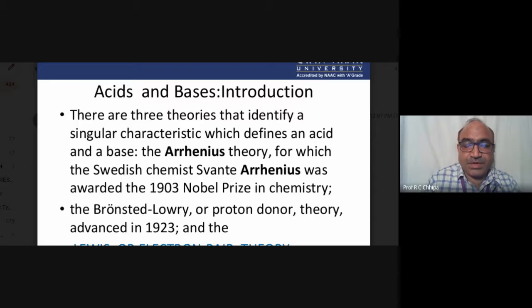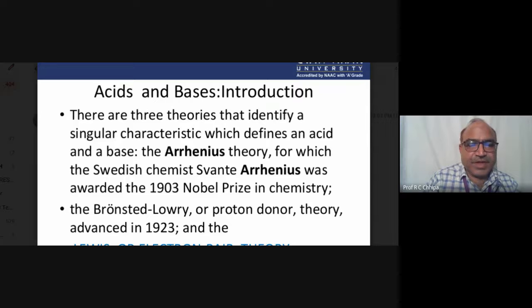I suppose by 1923 the development of atomic structure was clearer and clearer. Therefore, in the Bronsted-Lowry theory, the conjugation of acids and bases, they give us a proton. So the word proton comes in here, whereas in the case of Arrhenius, only the hydrogen cation was there.